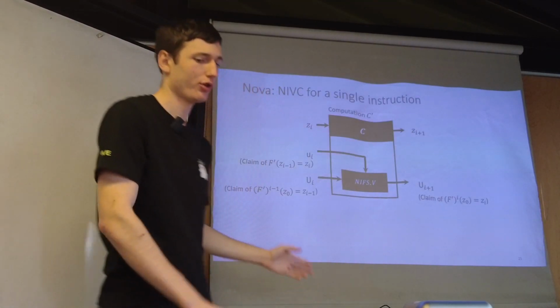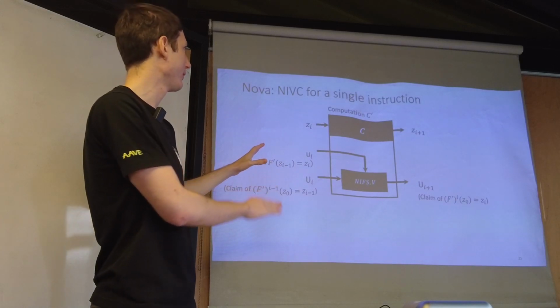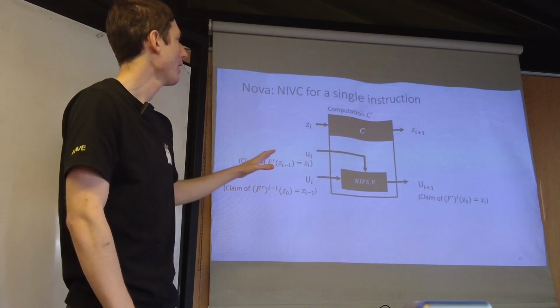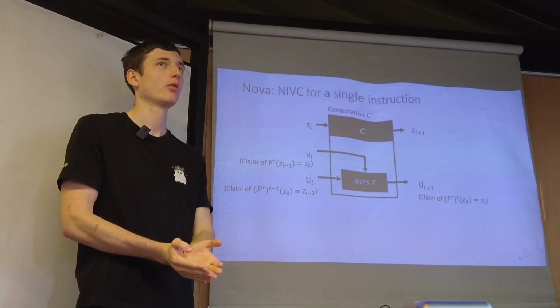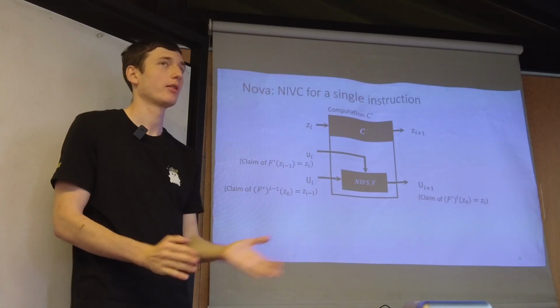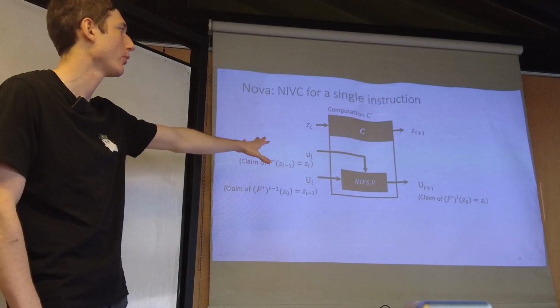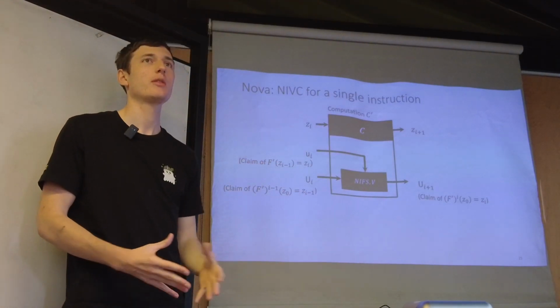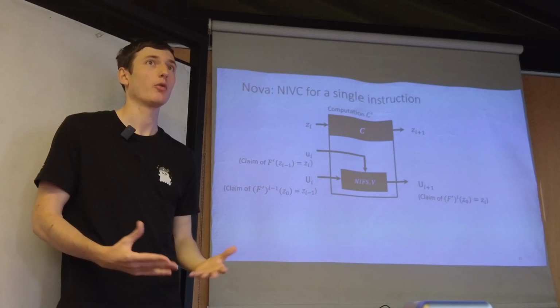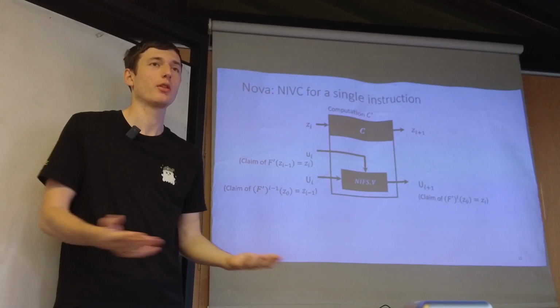Okay, so just to make a little side note, let's say we want to use SuperNova with only one instruction. Well, actually, we just get back to Nova. This is exactly Nova. This is SuperNova with one instruction. So the phi function is basically always returning one. We always return the first instruction.